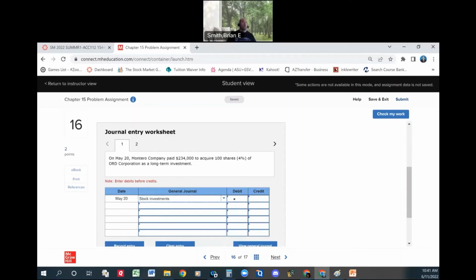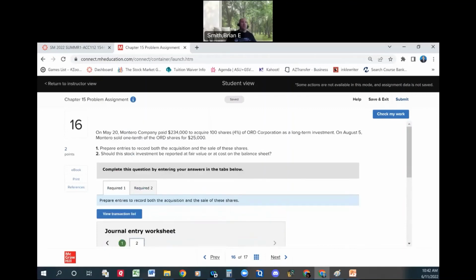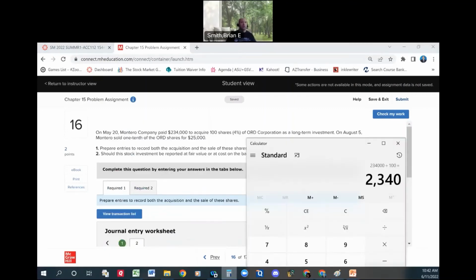Okay, 234,000 cash. Next journal entry on August 5th, they sold 1/10 of the Ord shares for $25,000. All right, all we're going to do is come up here and find out what a tenth of this is. 10 shares. So our cost per share we calculated was 2,340 times 10.